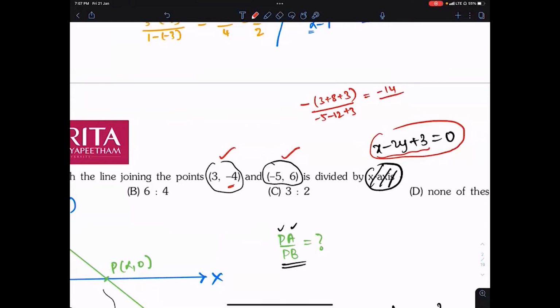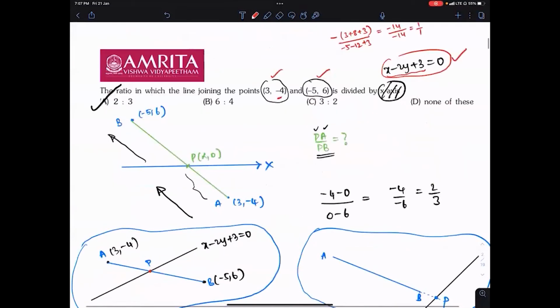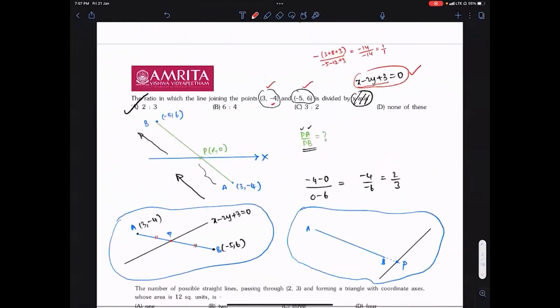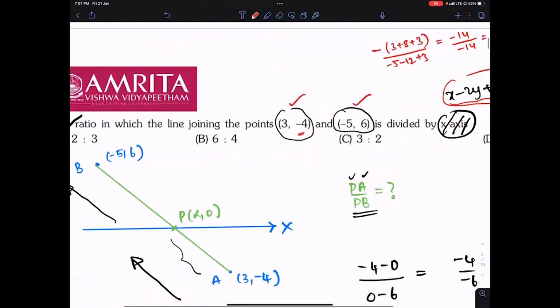Minus 17 plus 3. Minus 17 plus 3 is minus 14 again. So 1:1. So that means exactly it is bisecting. This line will bisect the line joining, so these two will be the same. You can test it on whatever we have done also.